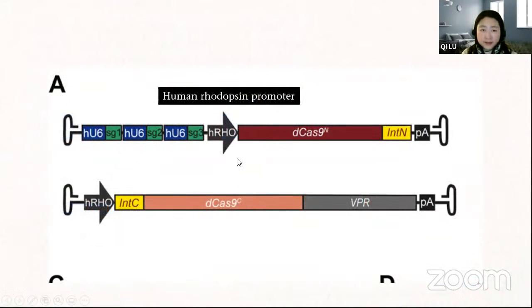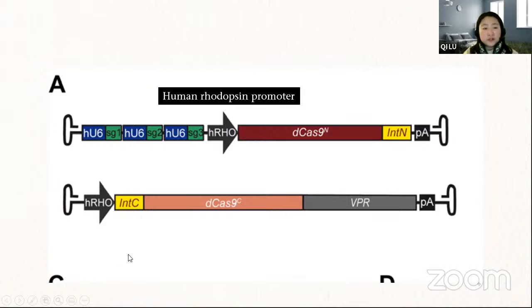In this study, their vector design is like this. One of them has a U6 promoter to drive the single guide RNA, and uses the human rhodopsin promoter to drive the N part of Cas9.